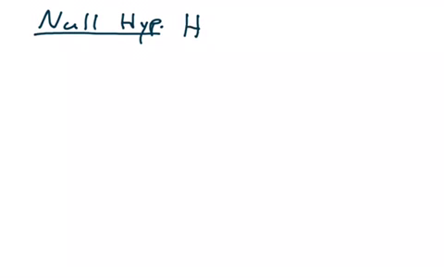All right. Let's go over more hypothesis testing terminology. The null hypothesis and the alternative hypothesis are the two main things that we're going to be talking about. For the null hypothesis, we're always going to denote this as H subscript 0.